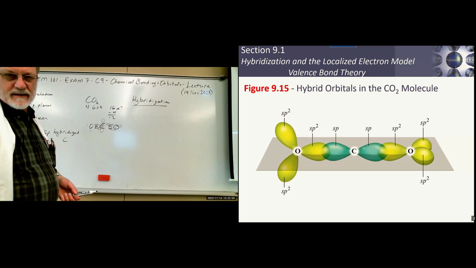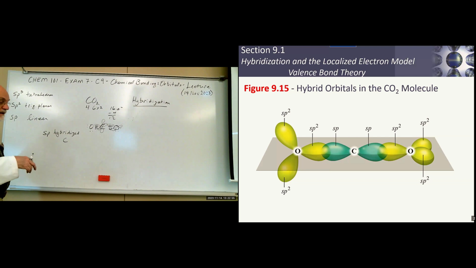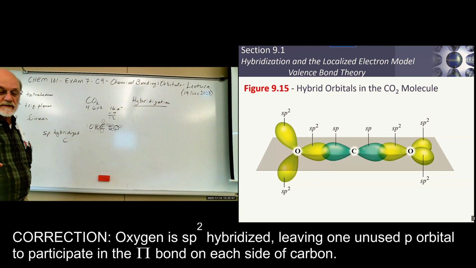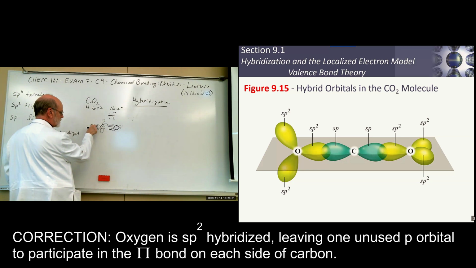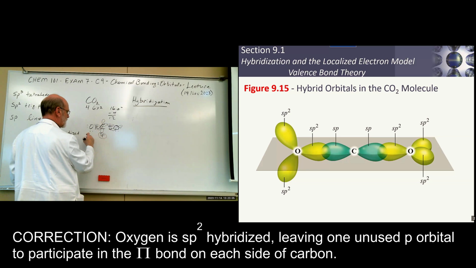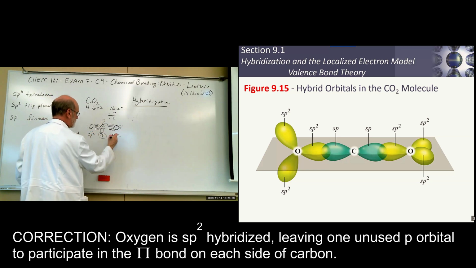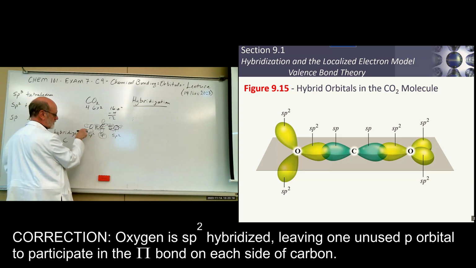Now, oxygen, on the other hand, is sp3 hybridized. It has 3 effective pairs. No, I'm sorry. That's right, sp2 hybridized for oxygen. So that gives you 3. It gives you one that's used in the bond, and one for this lone pair and one for this lone pair.